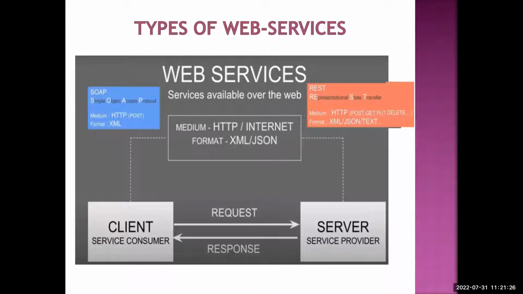And guys, as I told you, these are the two popular web services, SOAP and REST, right? REST is very popular. REST API, REST Assured, okay, this is a very, very popular web service. So let's understand today how we can perform API testing manually, and then we will go through REST Assured.